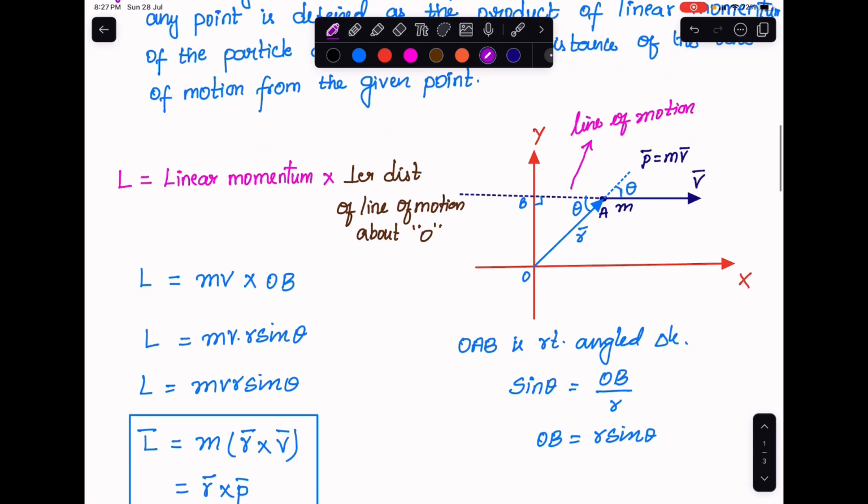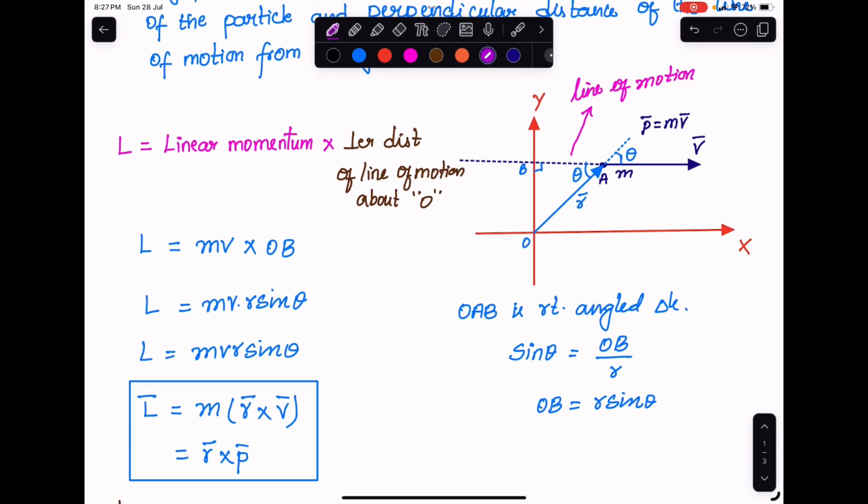Let me repeat once again: it is the product of the linear momentum of a particle and the perpendicular distance of the line of motion of the particle from the point about which you are going to calculate the angular momentum. Hope you all got it.